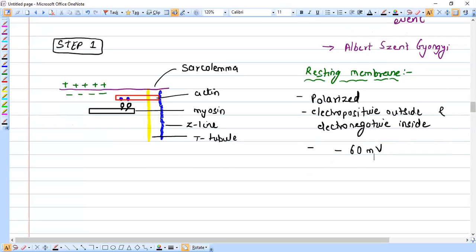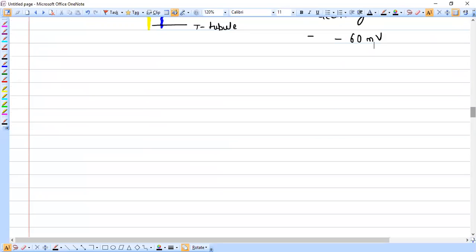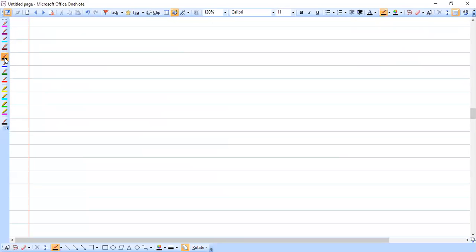Let's talk about step two. In step two, it is a depolarized kind of impulse. Let us draw that again. We draw the sarcolemma. Then the Z line, the dark line seen in the light band.